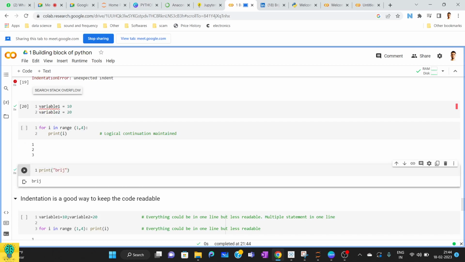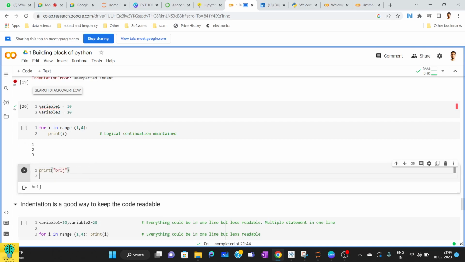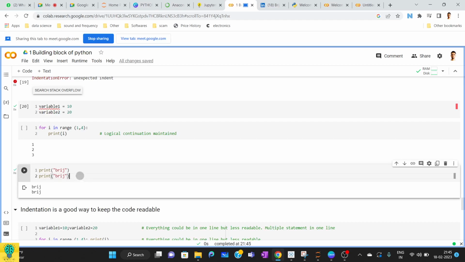It's going to give me one output. Now if I want to print it two times, it's easy. I can just write bridge here and I just run it and I get bridge and bridge. What if I want to print it 1000 times? Will I be writing it every single time here? No, that will be a pretty big task, and that is also not a correct format to write.